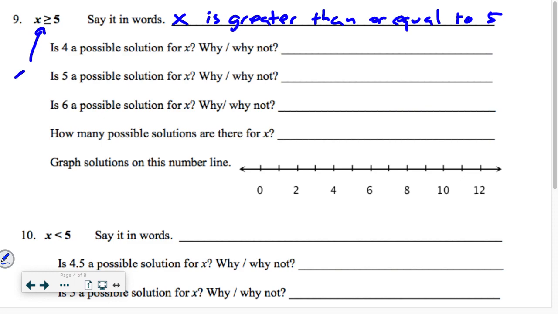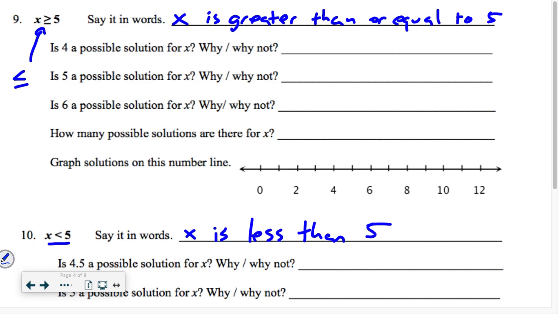If it was a less than or equal to, the line underneath is also what makes it or equal to. For comparison, number 10 here is just less than. So I would say x is less than 5. The biggest difference is whether or not we can include the number 5 as a part of the solution set.